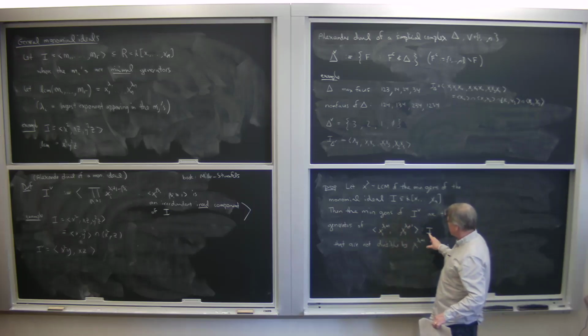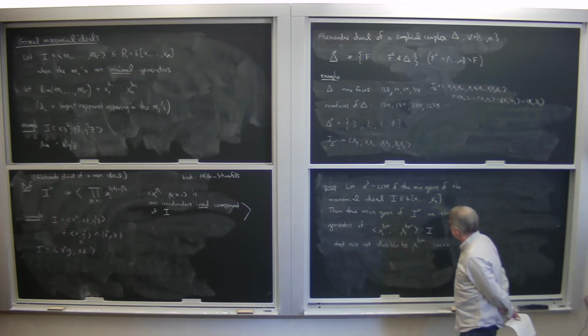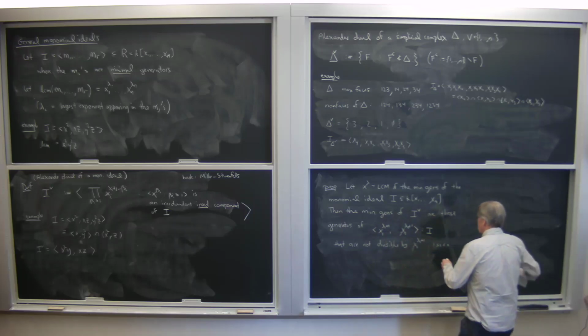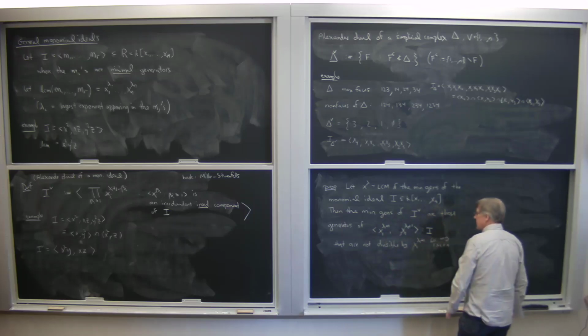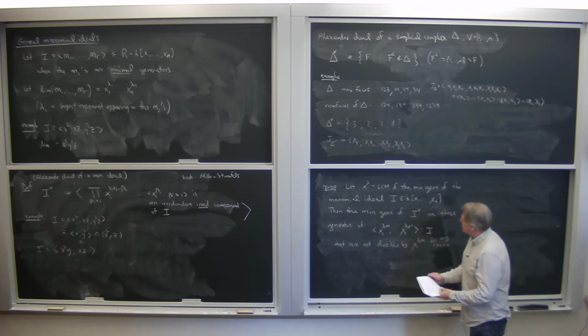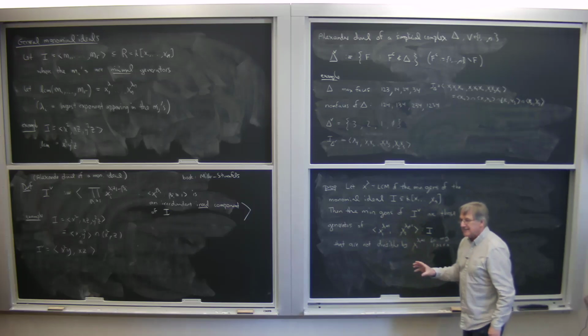So if I have a minimal set of generators of this thing, it's going to be just all the other ones. Yep. So is this for all i or for one i? Not for any. So in other words, the minimal generators of this thing might include some xi to the lambda i plus 1 by itself.